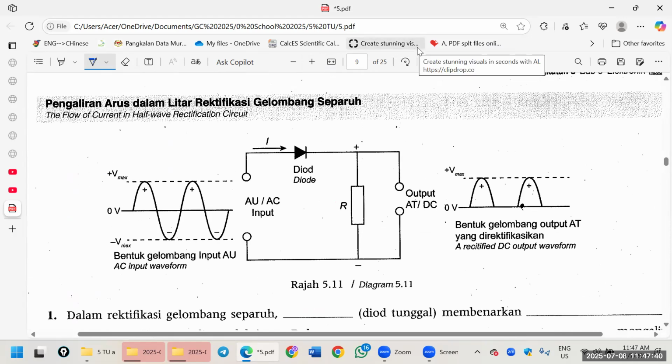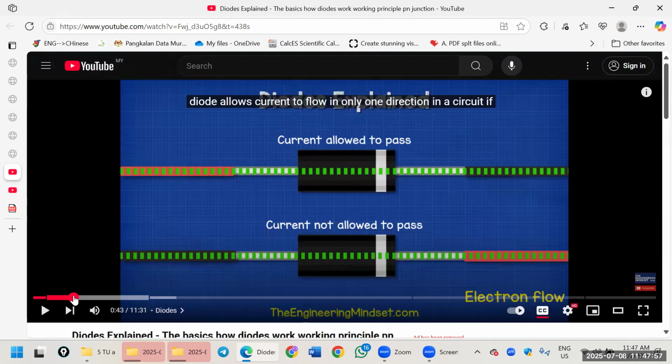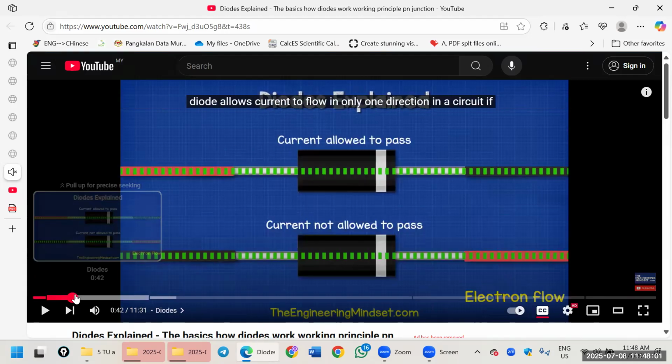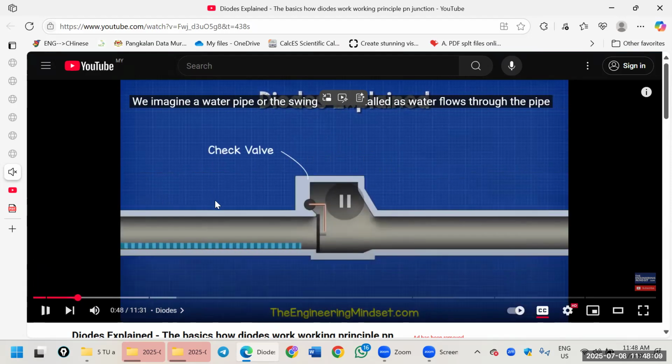Okay, we say the diode is like a valve. Yes, a diode is like a valve. Can you see now the current flows from left to right?